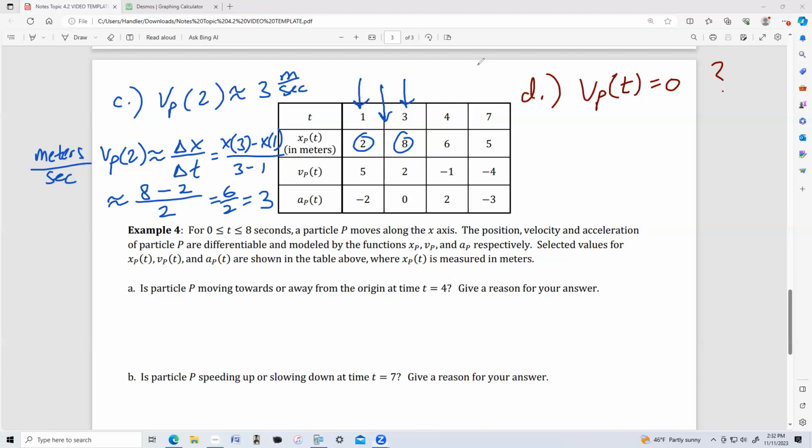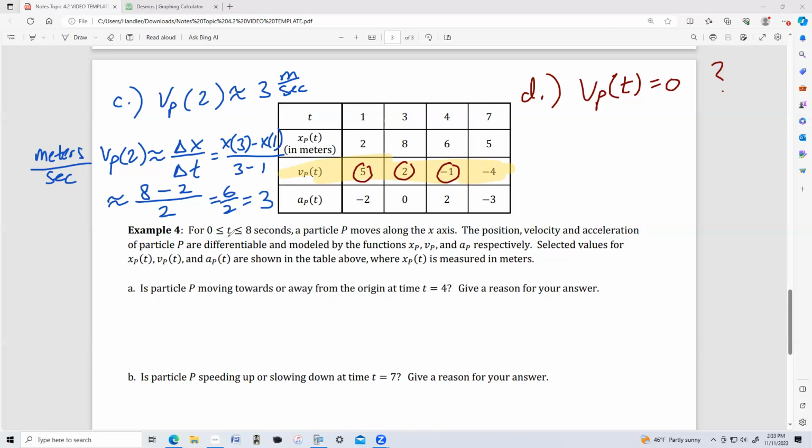Well, if I highlight in yellow the row for velocity, at the beginning of the time interval we have a velocity of 5. Then the velocity reduces to 2. And then the velocity reduces to -1.